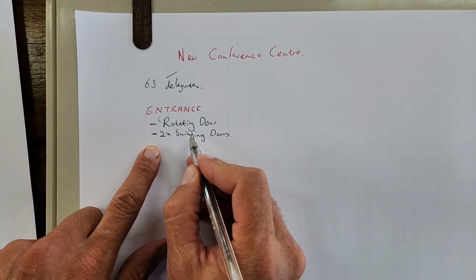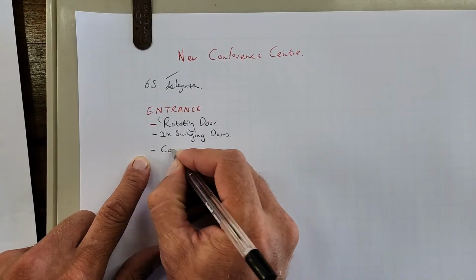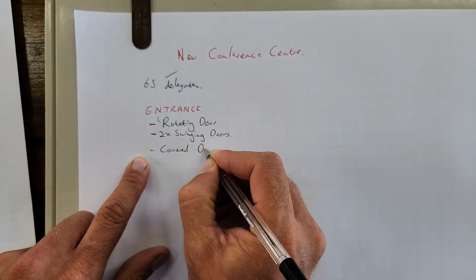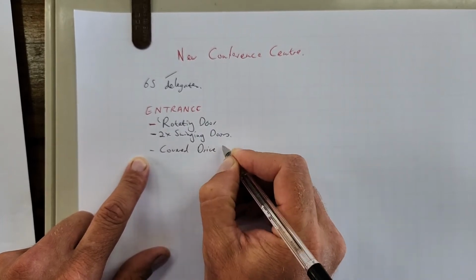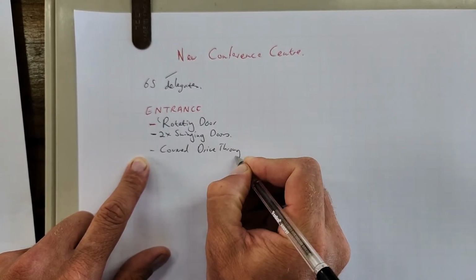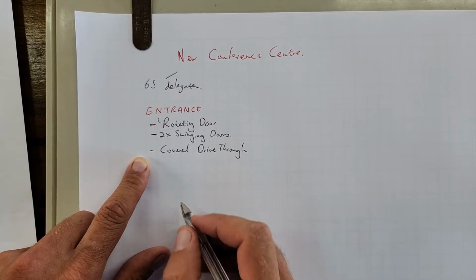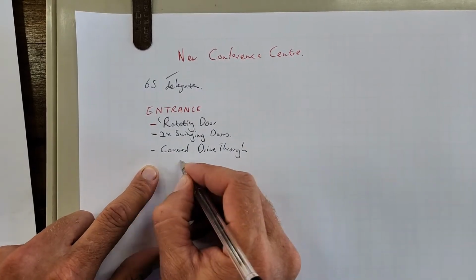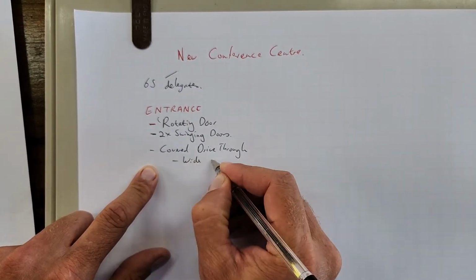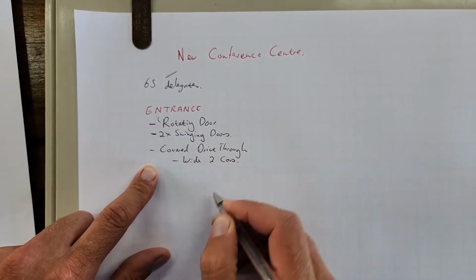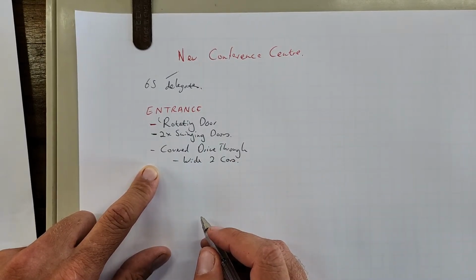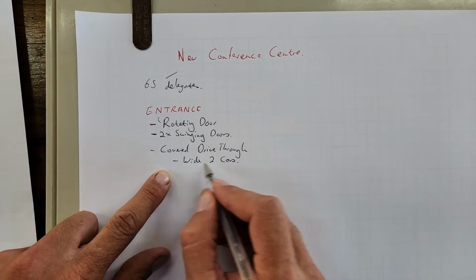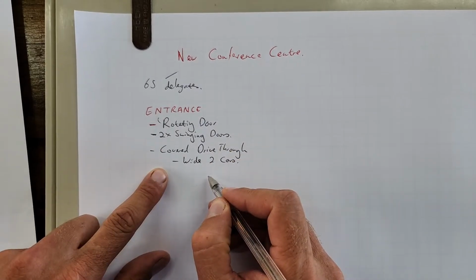Then directly outside of this is a covered drive-through. This must be wide enough for 2 cars. And of course it's the extension from the roof already.